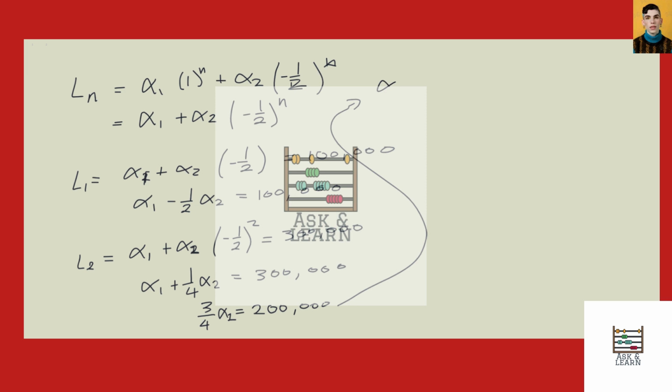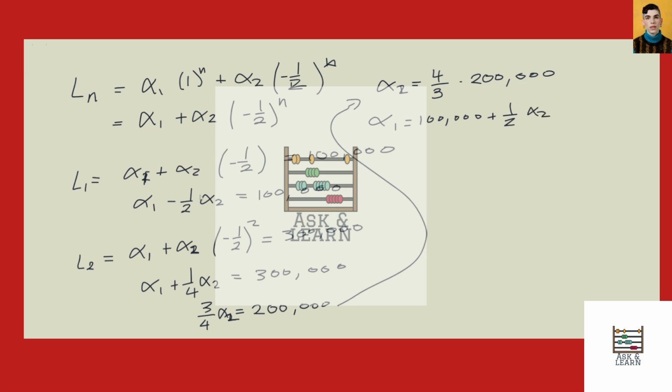So then alpha 2 is going to be 4 divided by 3 times 200,000. To find alpha 1, let's put it into this equation again. So we have alpha 1 is going to be equal to 100,000 plus a half of alpha 2.